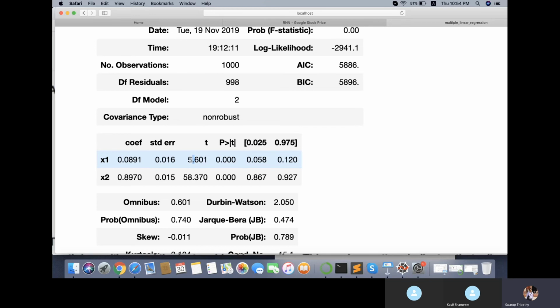In the t-test, what do we have to analyze? We have to analyze the p-value, which we get by looking at the t-distribution table.